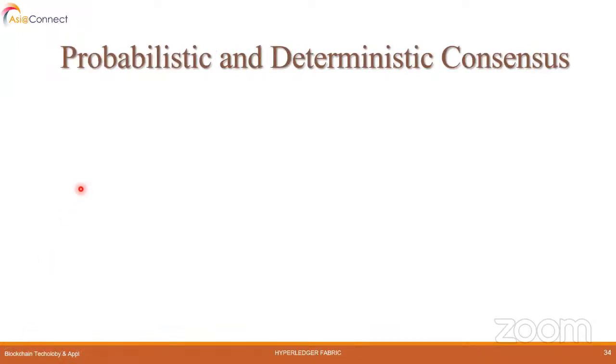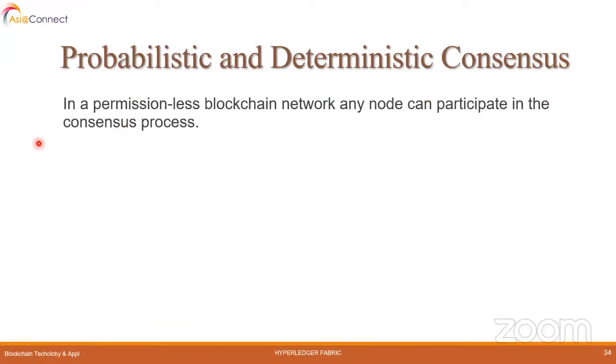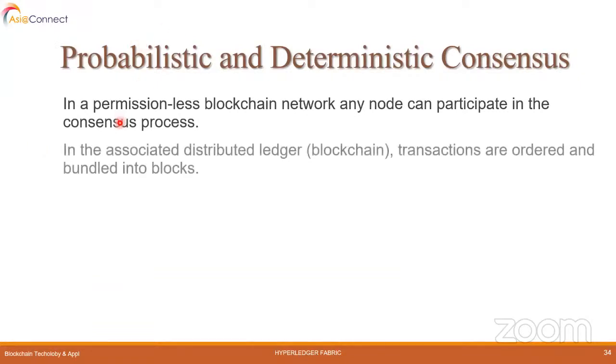So unlike the consensus mechanisms which are there in public blockchain, this is a kind of deterministic consensus. What do we mean by this? In a permissionless blockchain network, any node can participate in the consensus process, as we know, right? Anybody can participate.